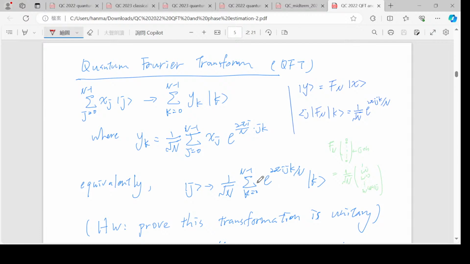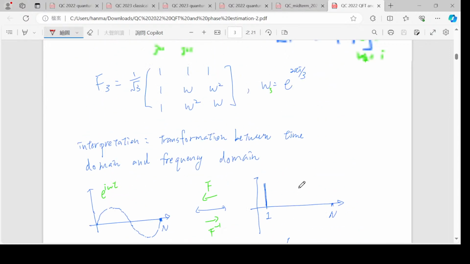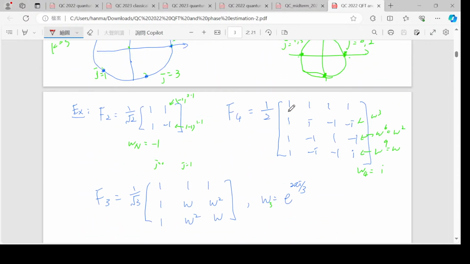You can check this easily from here. So it is 1 over square root of n times e^(2 pi i jk / n), and let's see some examples. If you have j equal to 2, you will pick out this column vector, which is a sum over all basis states with phase e^(2 pi i jk / 4).